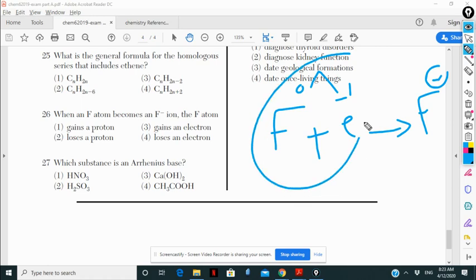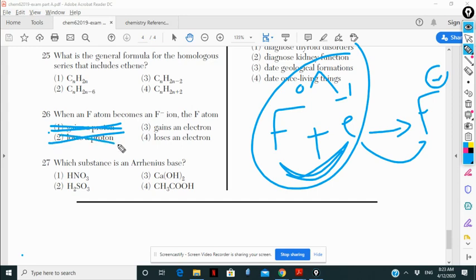So here the fluorine atom gains an electron to become an ion. Gain proton, no. Lose proton, no, because protons don't participate in the reaction. Gain electron, yes, to add the negative charge. Loses electrons, no, because it's going to be a positive charge. And I showed you the equation here.